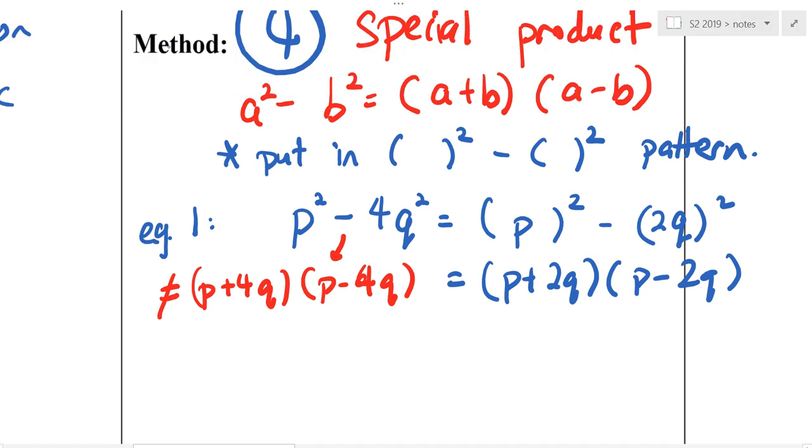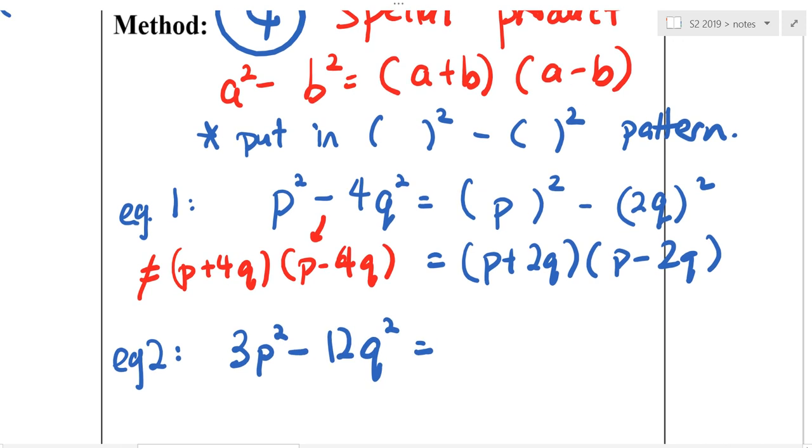Can you write down example 2? Everyone? Yu Jing. Written down? First, can I put into something the bracket square minus bracket square?